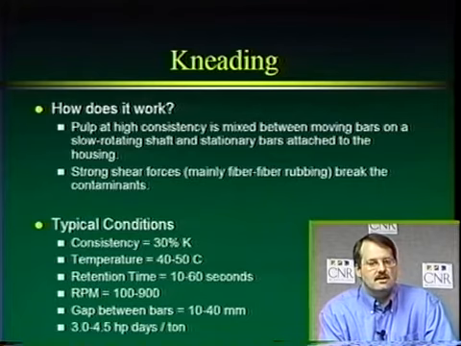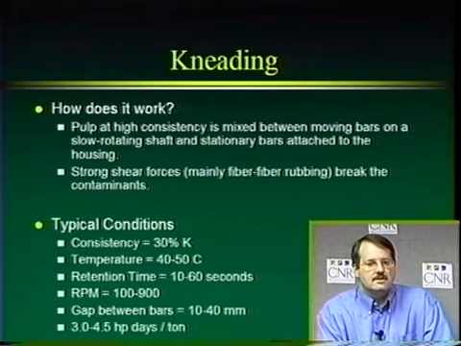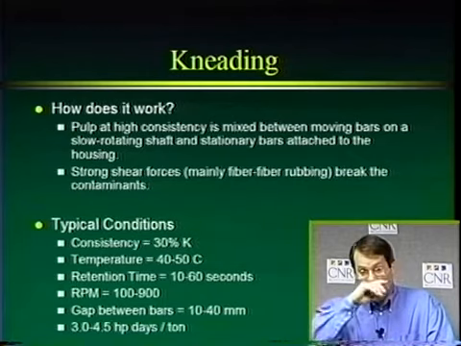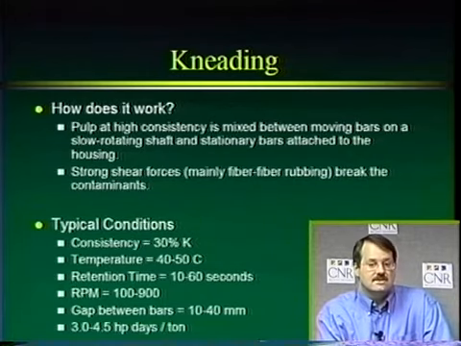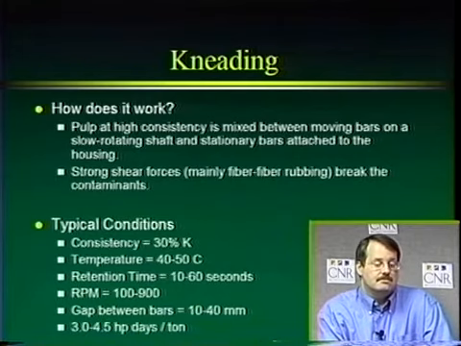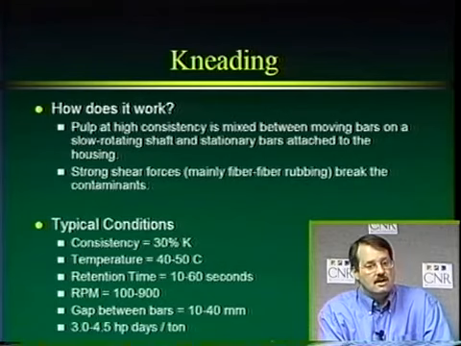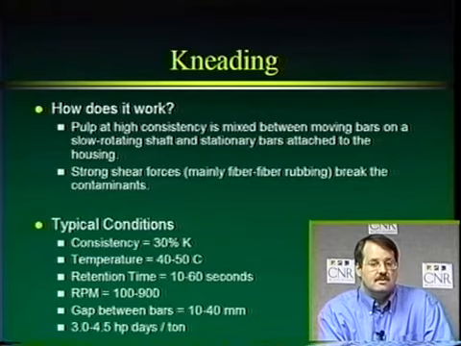Recall, disc dispersion was 1 millimeter. Remember I mentioned that a hardwood fiber could actually cross the gap. With 10 to 40 millimeters, we would need 10 to 40 hardwood fibers to cross that gap. So you see that the moving bars here are not going to impact as many fibers, the percentage of fibers, that the disc disperser was going to.